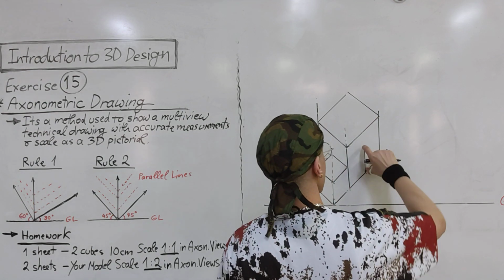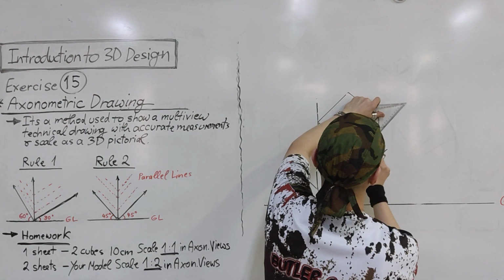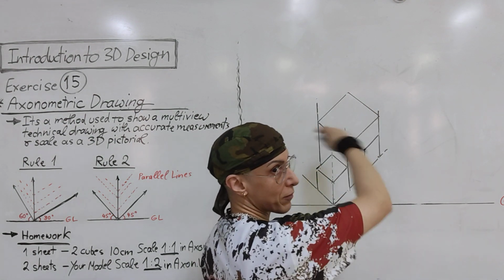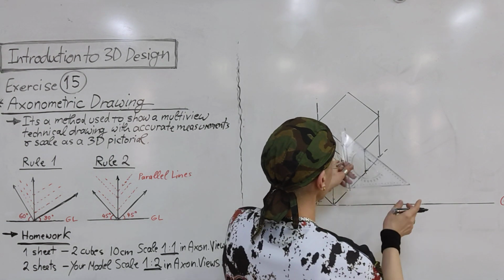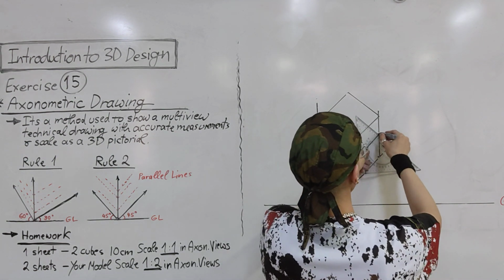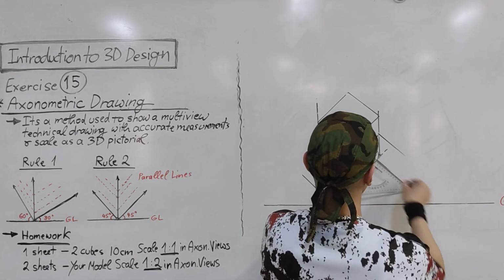So 5 here, 5 here, 5 here. All of the lines should be parallel to each other. You will not make any mistake if you use the T-square with this ruler, not freehand like what I'm doing here, okay?